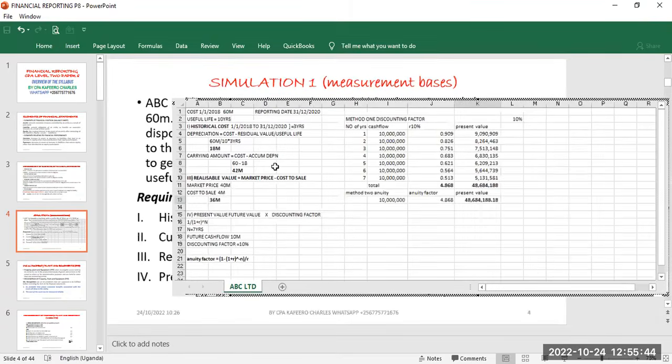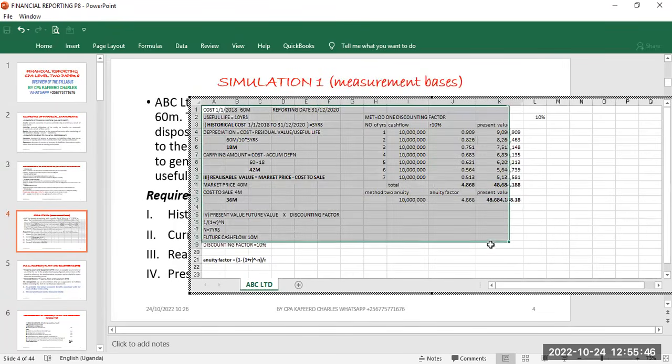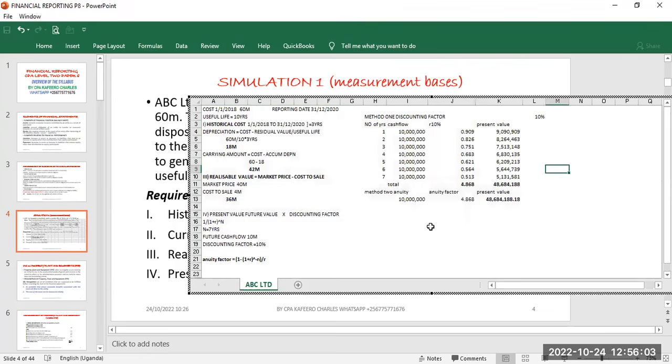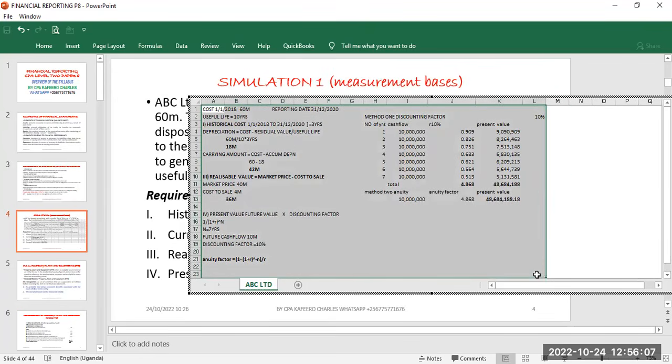So those are the figures. I hope you can see; let me remove the grid lines, and you'll be able to see it clearly. Let me make it blurred.